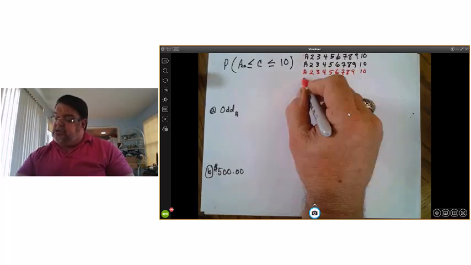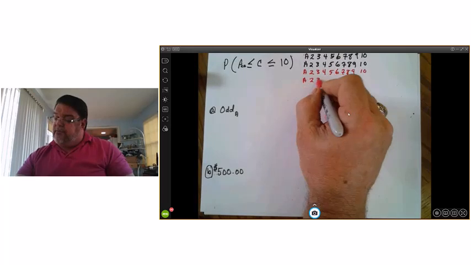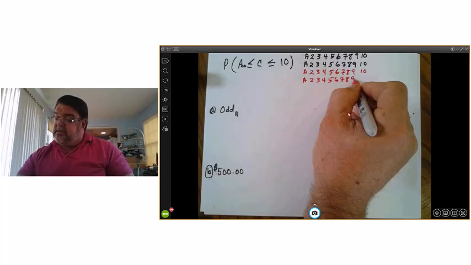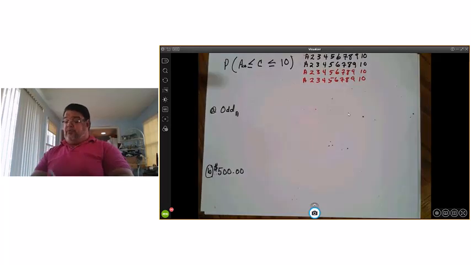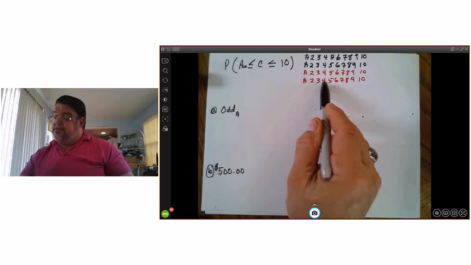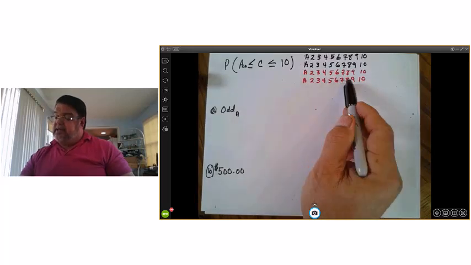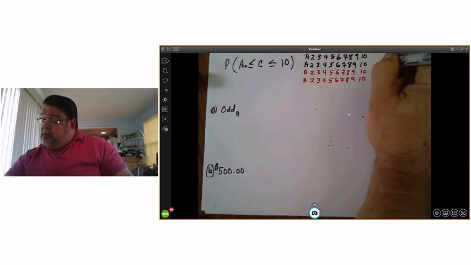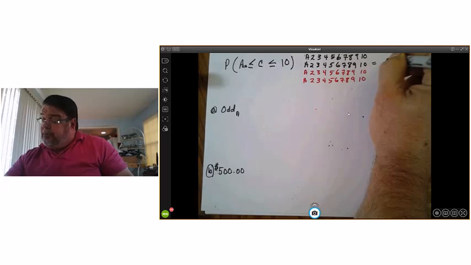And ace, 2, 3, 4, 5, 6, 7, 8, 9, 10. So we've got 1 through 10. 10 times 4 is what? 40, Hubert. 40. 40 over 52.